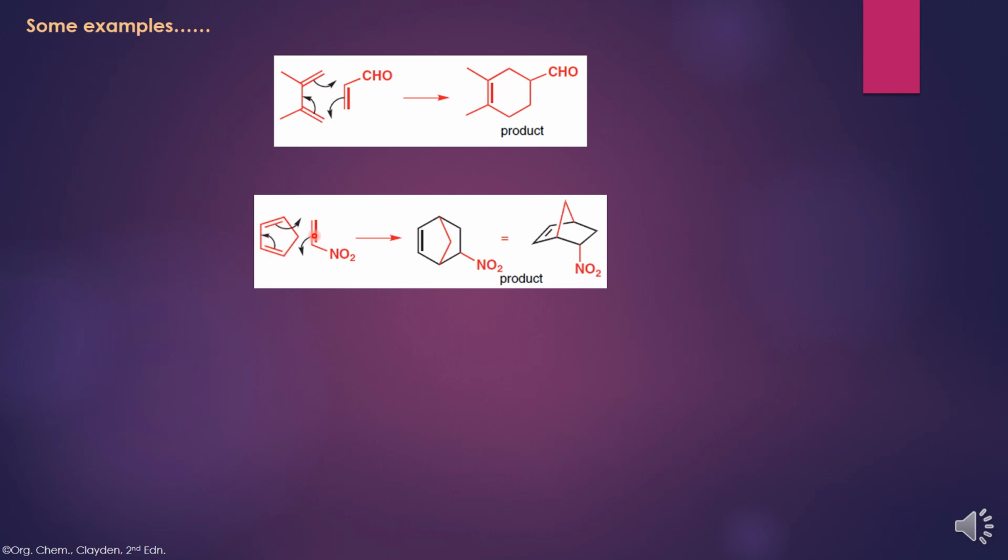Hence it is a 4 plus 2 cycloaddition reaction. And this carbon atom is seen intact here without any reaction. Only the 4 carbon atoms take part in the reaction to get this product.